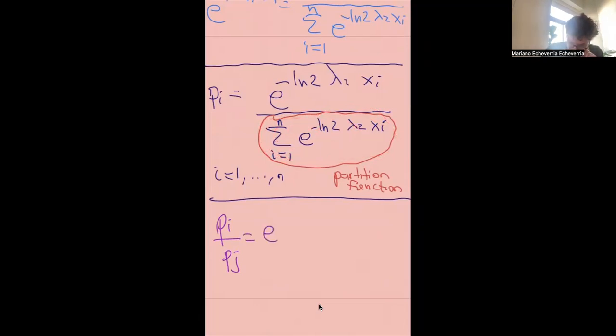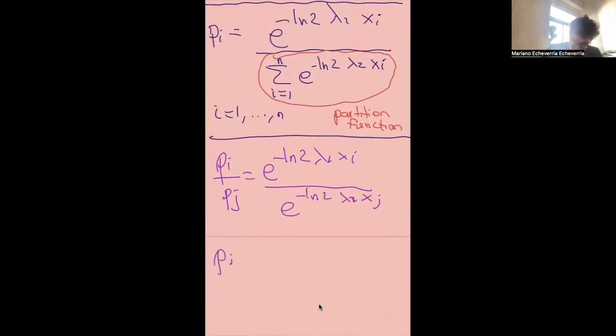So you just get e to the minus ln 2 lambda 2 x_i over e to the minus ln 2 lambda 2 x_j. The ratio of exponentials, you just subtract the exponents, so you get e to the minus ln 2 lambda 2 times (x_i minus x_j).